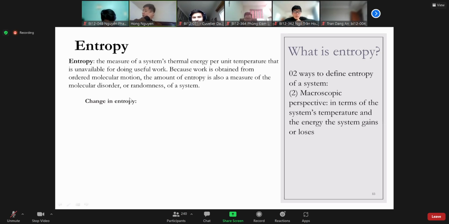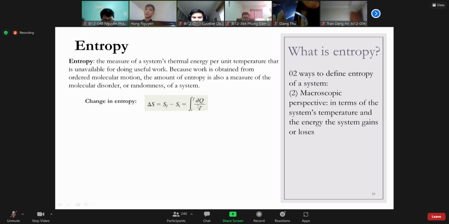Then we can define this change in entropy in this way. So the change in entropy equals the integral from I to F of differential heat, divided by the temperature. So here the differential heat is a very small change of heat. So you understand, right?